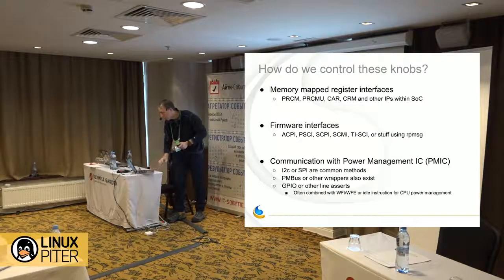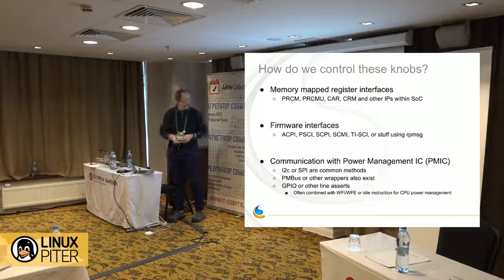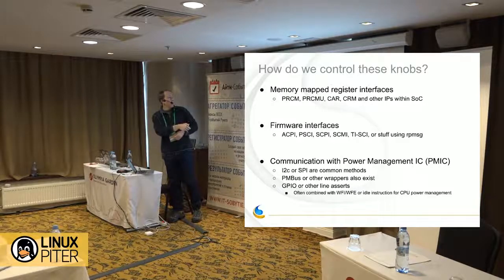Okay, so welcome to acronym hell. This is an incomplete list of some of the interfaces that we have to try to control power management hardware. If you check out the mailing list for ARM and MIPS SoCs, you might see a lot of acronyms like PRCM, PRCMU, CAR. These are typically like Power Resource Clock Manager.